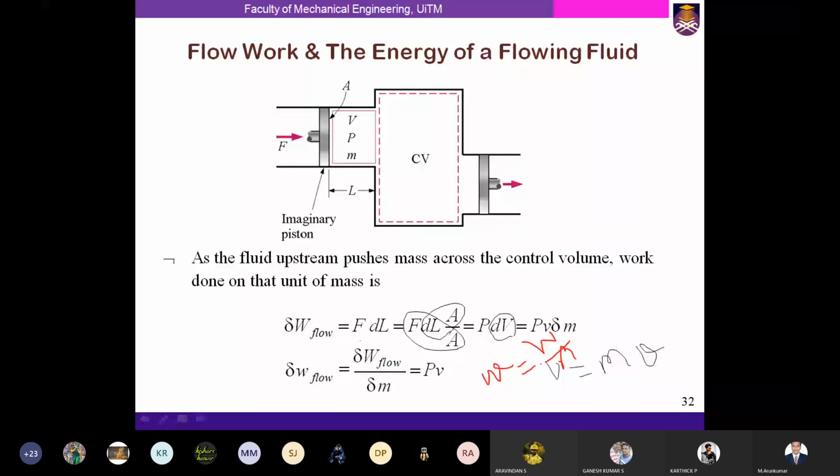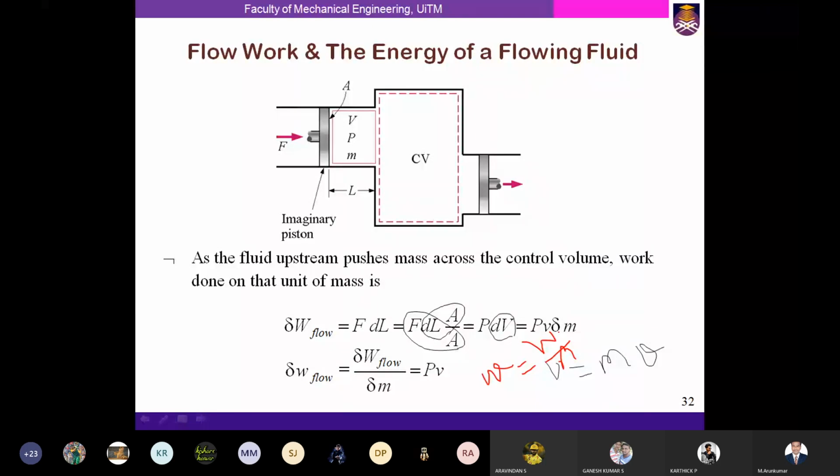Here we have a change in work and change in mass. So we can write this equation as delta w flow equal to delta capital W flow divided by delta m.